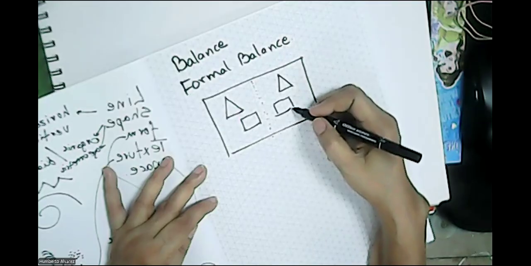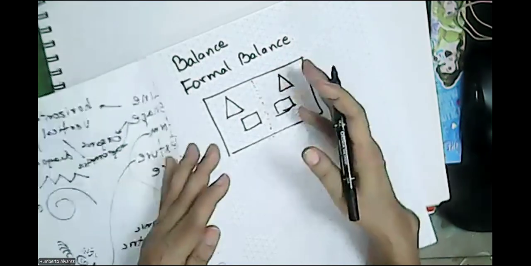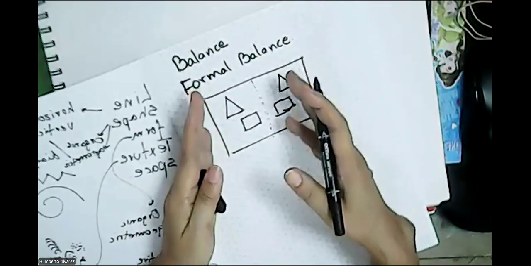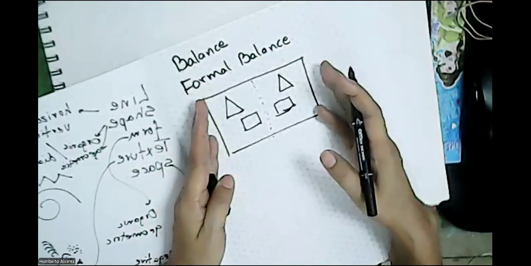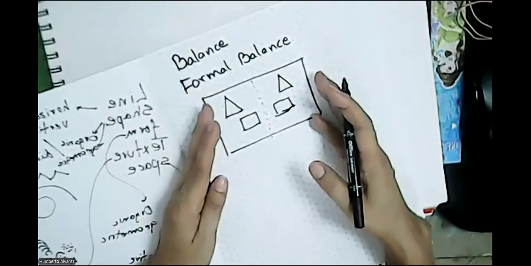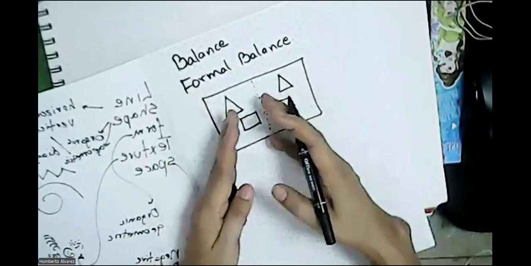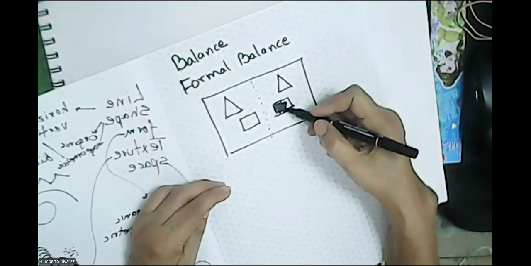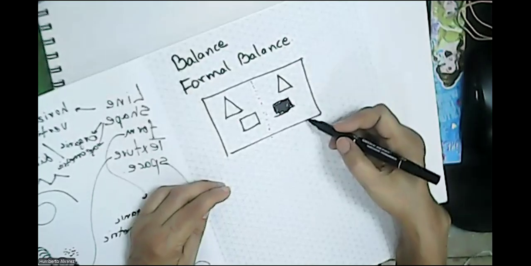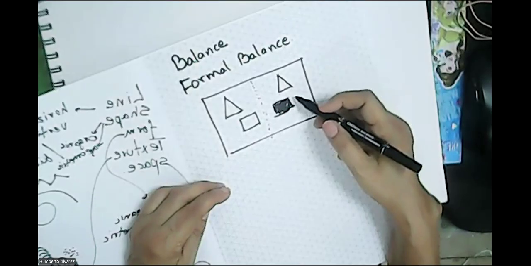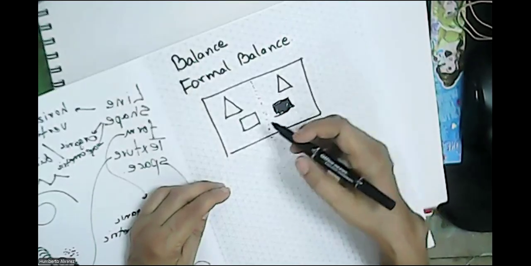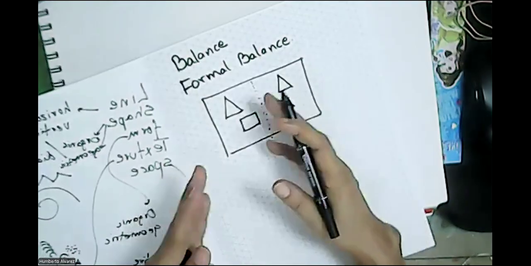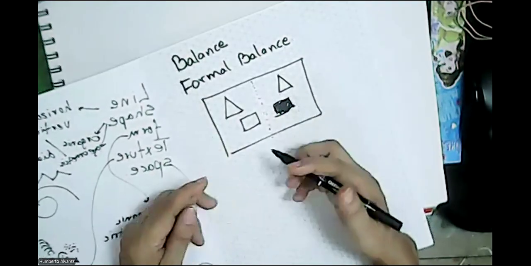And the objective of the balance is that you have the same visual weight or the same visual interest in both sides of the artwork. If I do this, I lose balance because I have more interest in this part of the artwork than in this one. But I need to keep the balance, all right?